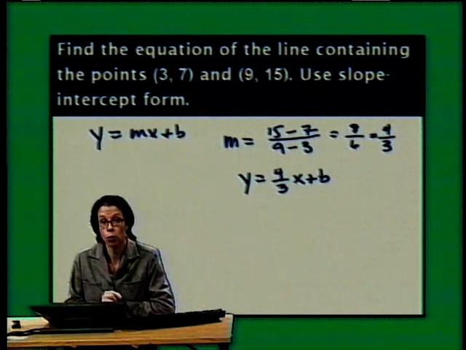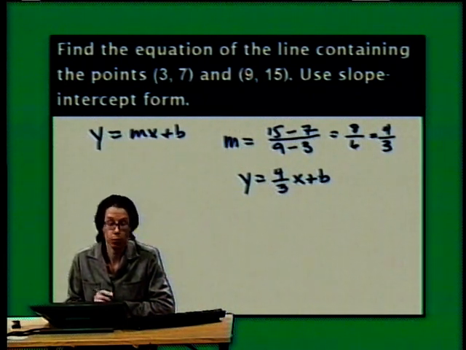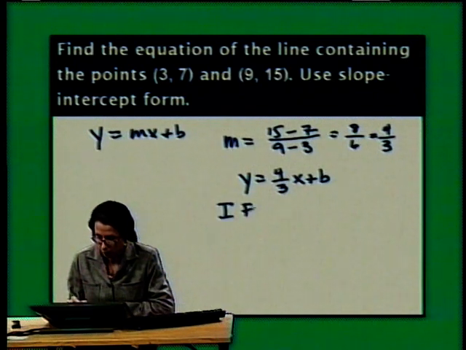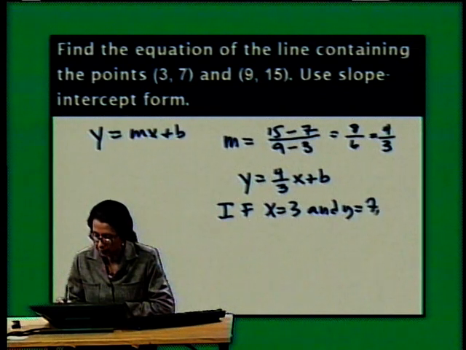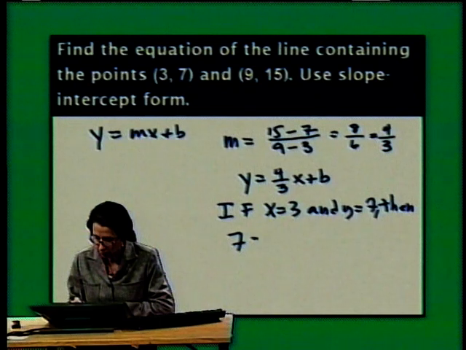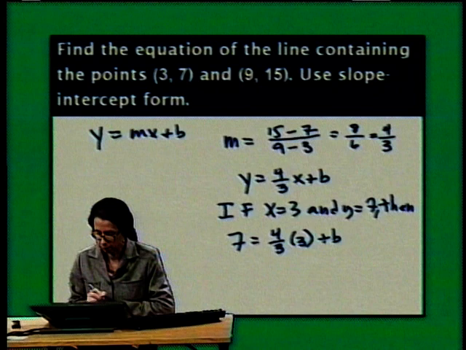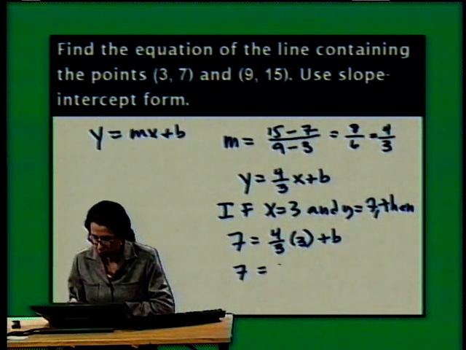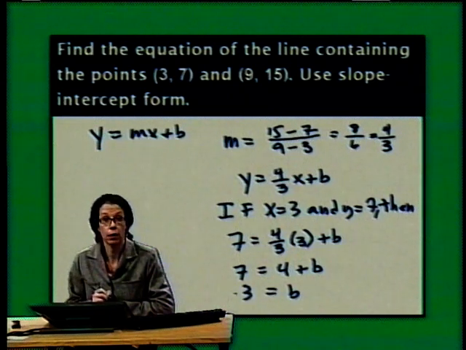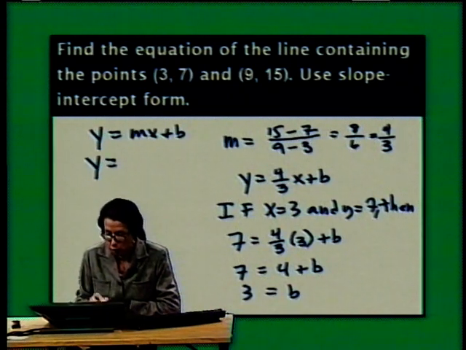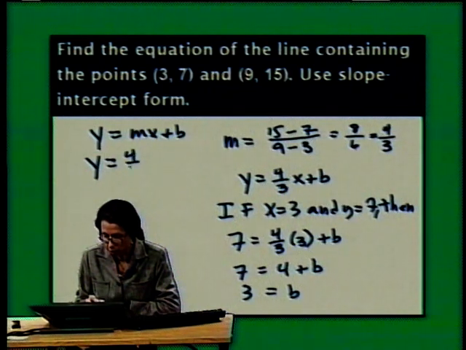I'll use one of the ordered pairs to determine b. I'll use the point 3, 7. So if x equals 3 and y equals 7, then we have 7 equals 4/3 times 3 plus b. So 7 equals 4 plus b, so b equals 3. So my proposed equation is y equals 4/3 x plus 3.